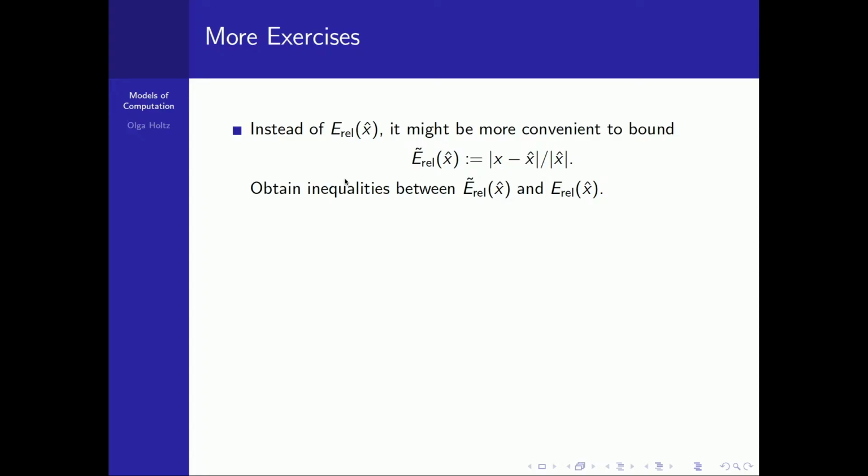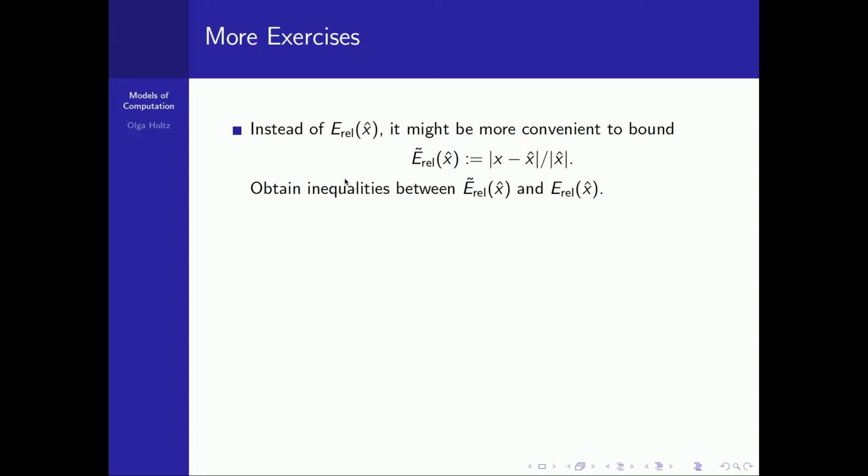The first one is very simple as well. Sometimes instead of measuring relative error the way we did before, we can decide to divide not by the absolute value or the norm of x, this magical true value, but instead by something we actually get a hold of, which is in our hands, and that's the absolute value, the norm, the size of x hat.